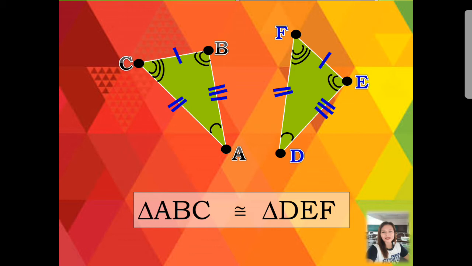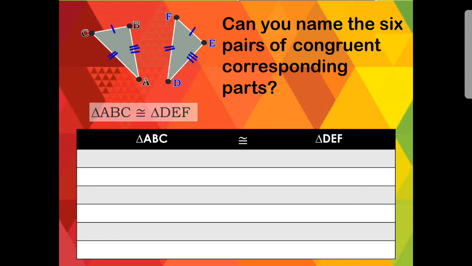We can use identical marks to identify the corresponding congruent parts. Next, using the two figures of triangles, can you name the 6 pairs of congruent corresponding parts?